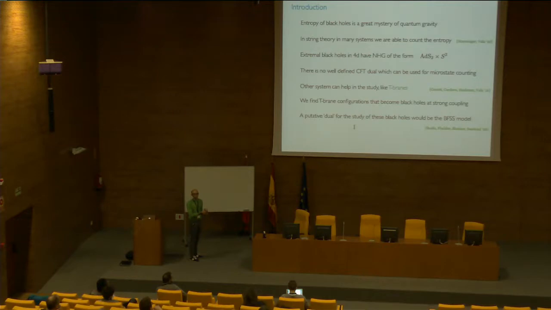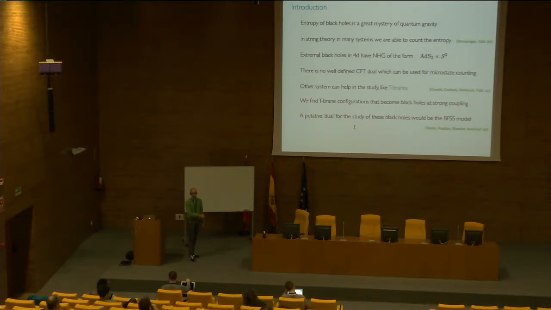So you have a way to actually account for the entropy of the black holes once you embed it in string theory. So the main problem is that for instance, you can try to look at the extremal black holes in 4 dimensions. Here the counting is more difficult to understand. One way to see is that if you take the near horizon region of the black hole, it has a factor that is an AdS2.